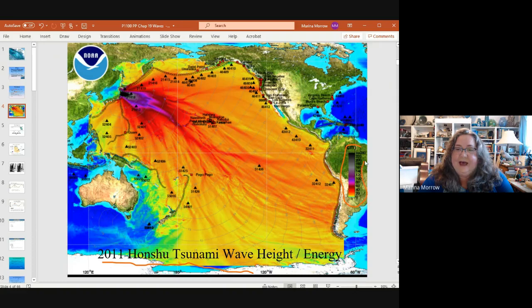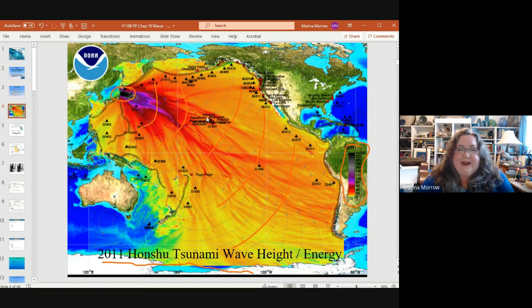Black is higher waves, greater than 2.5 meters, so greater than 5-foot waves. It's very black along the coastline. That's where they got most of the energy. Then as the wave energy spreads out, it gets less and less in most places.